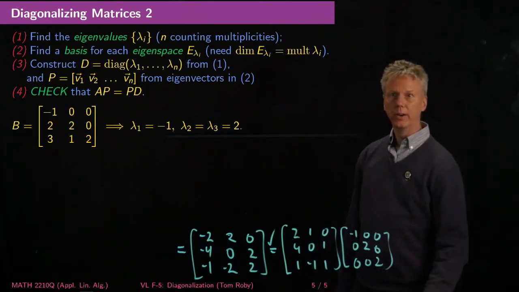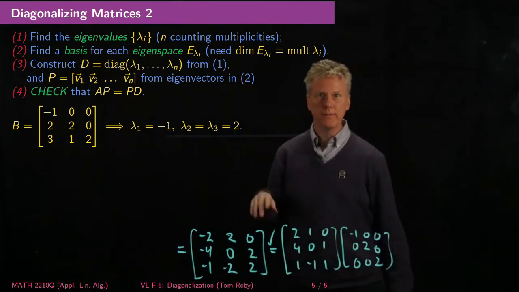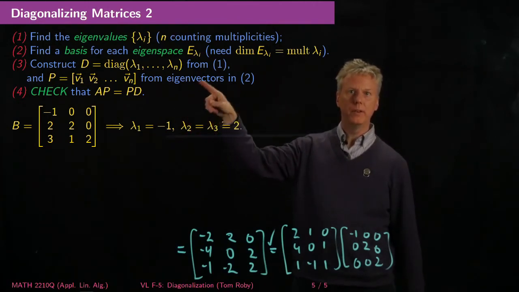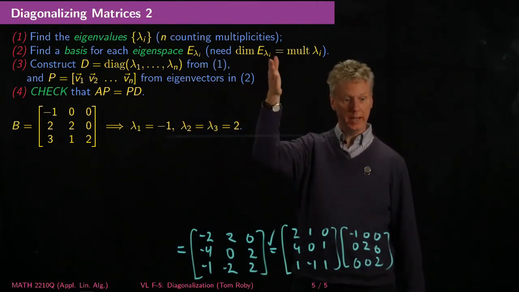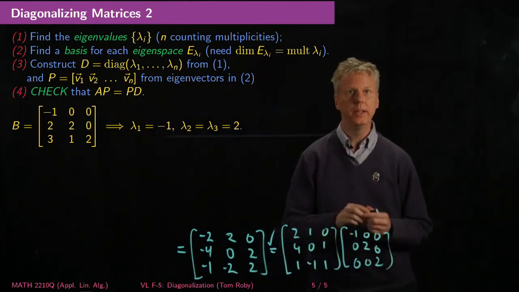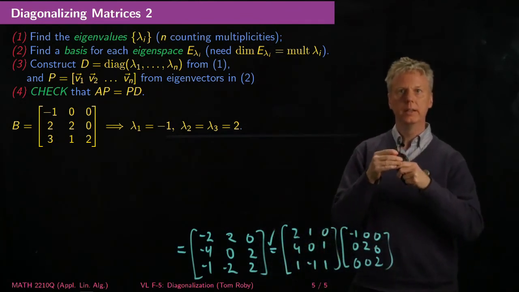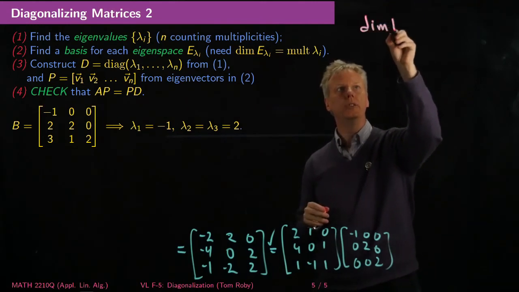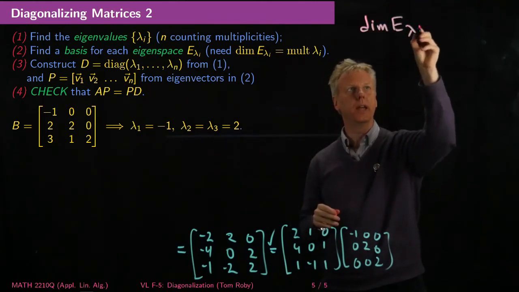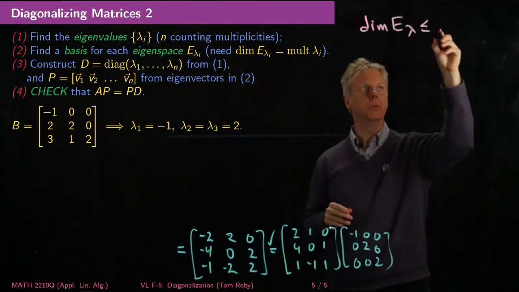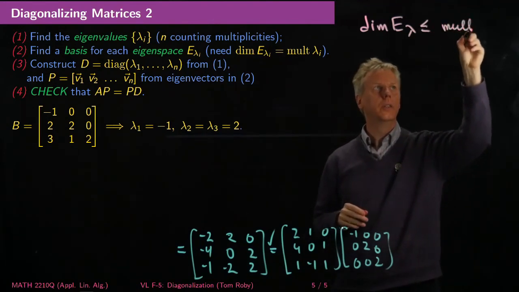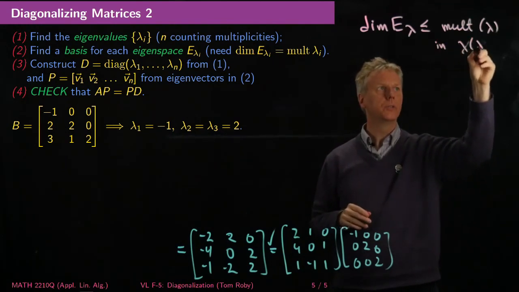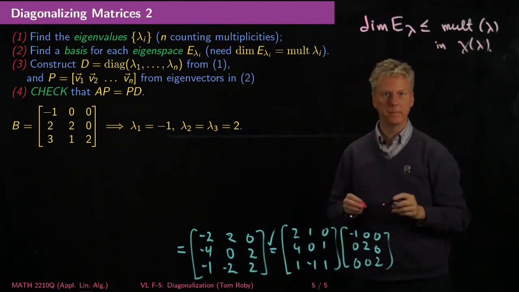There's a fact about these things: the dimension of the eigenspace corresponding to lambda is always less than or equal to the multiplicity of lambda in the characteristic polynomial.